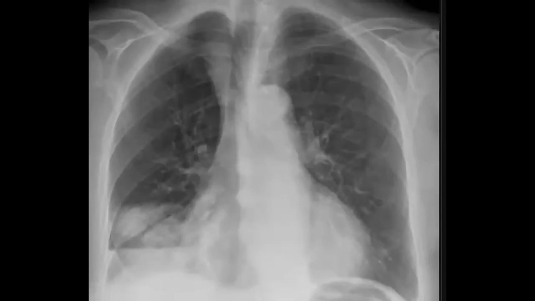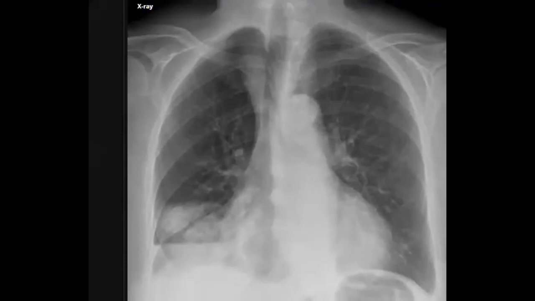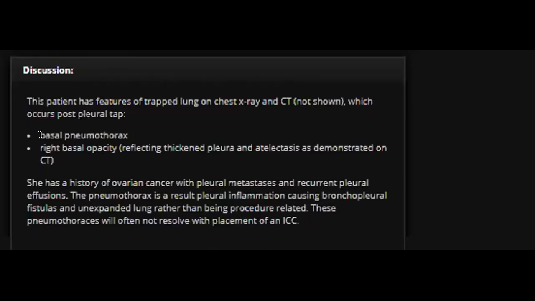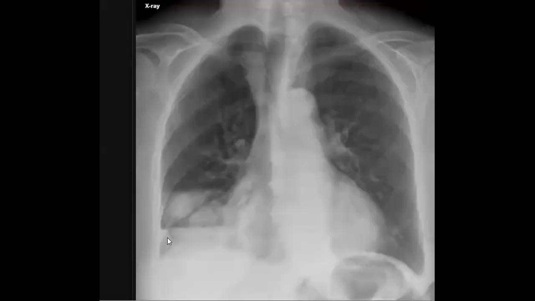So this could again be a type of hydropneumothorax, with lung opacity and a basal pneumothorax, and the patient already had a CT demonstrating that this is related to atelectasis and thickened pleura.